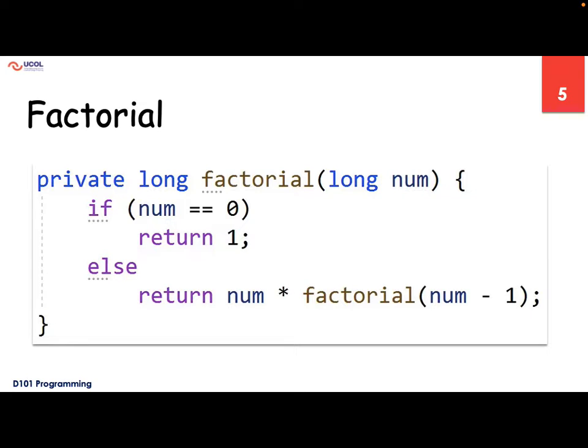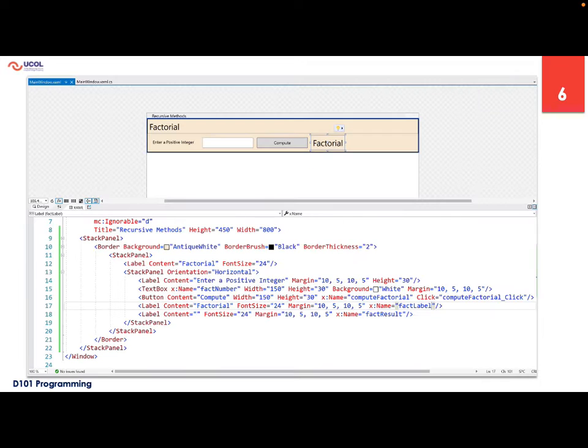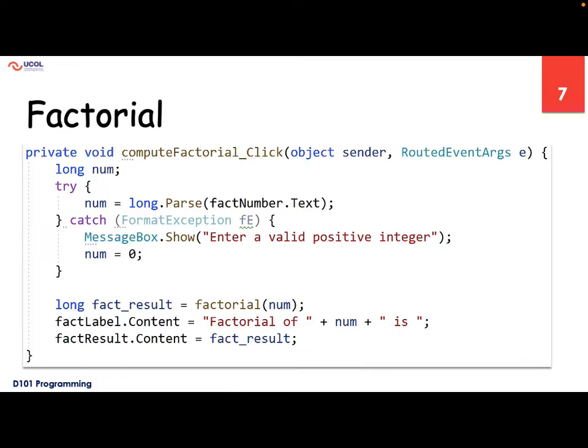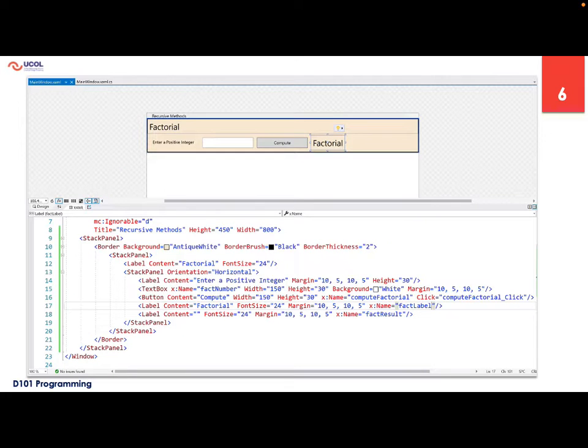Understand? So this is our base case or base condition which will help us stop the recursive call chain. And this is our recursive method. I have generated a GUI, and then I have written the click event on this one.